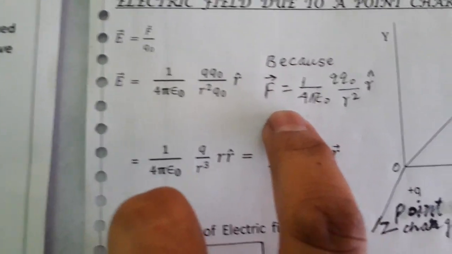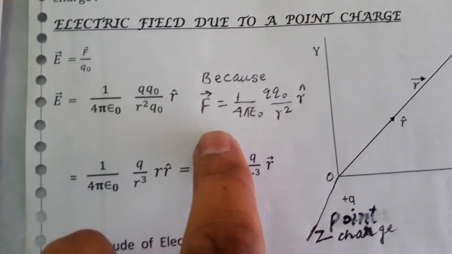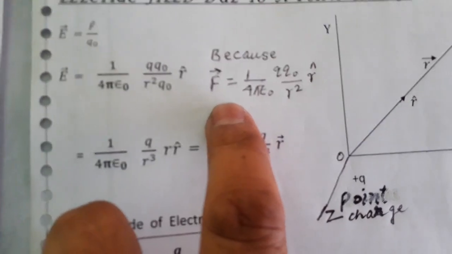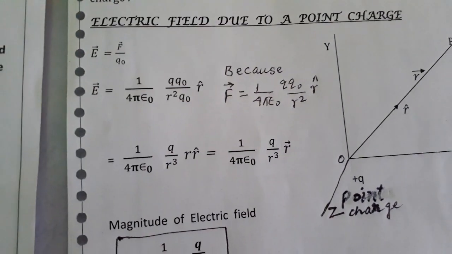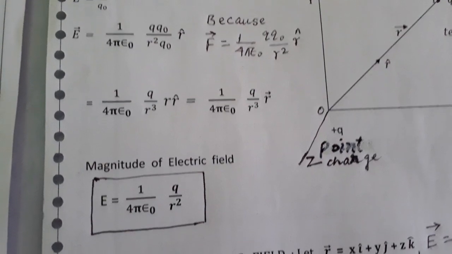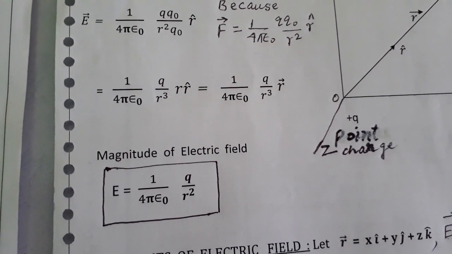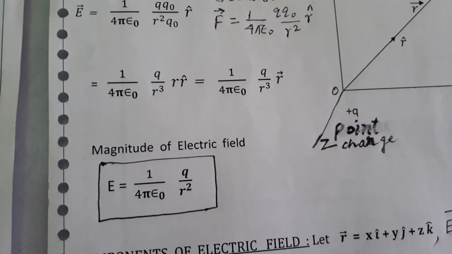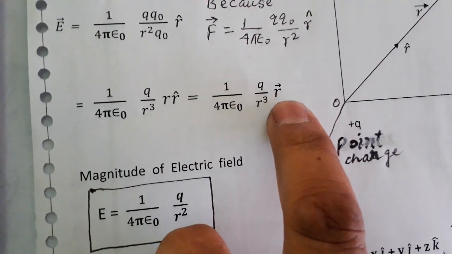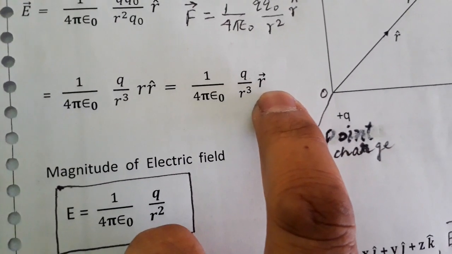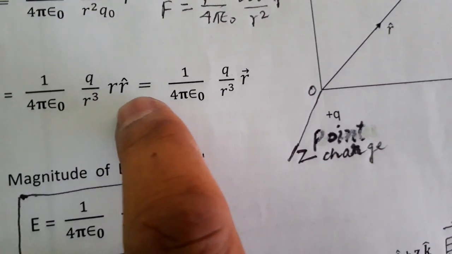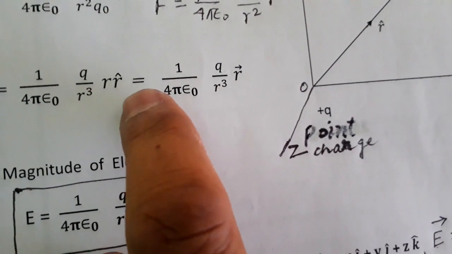First of all we should know the force between these two charges. Now write the force in vector form like this. Now replacing the value of force in the equation E equal to F by Q naught, we are getting 1 by 4 pi epsilon naught Q by r square r hat. r hat is replaced by vector r, because a vector r may be represented like r times unit vector r hat.